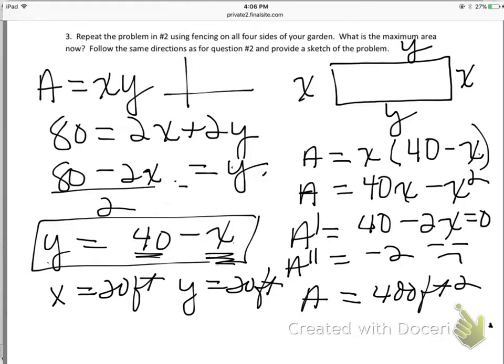My area looked like this. Here's my area, here's my critical value, here's my x, that was 20. My max was 400. And then I'm going to leave it to you to go through and do a first derivative and second derivative test to indicate that you have indeed maximized your function, being the area.